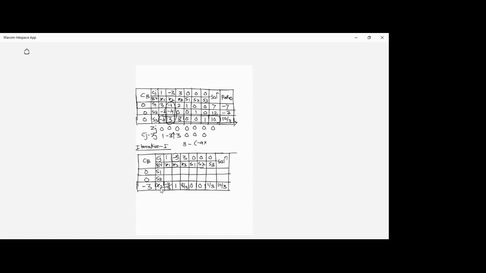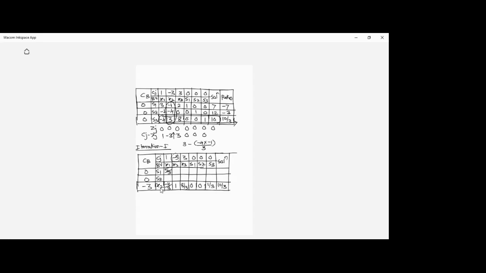The corresponding key column value is minus 1, the key row value is minus 4, divided by the key element, that is 3. If you do the calculation, you'll get 3 plus 4 by 3, and that value will be nothing but 5 by 3. Similarly, you can proceed using this formula.